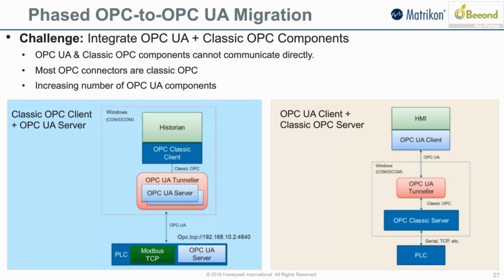And in addition to allowing interoperability between OPC UA and OPC Classic, the tunneler also is firewall friendly, so it can give you the ability to pass through your firewalls and the security needed to go outside the four walls of the factory. So this is a major part of a migration strategy as you move your operations from Classic to the new OPC UA technology.